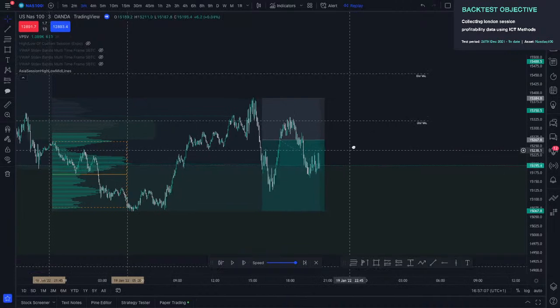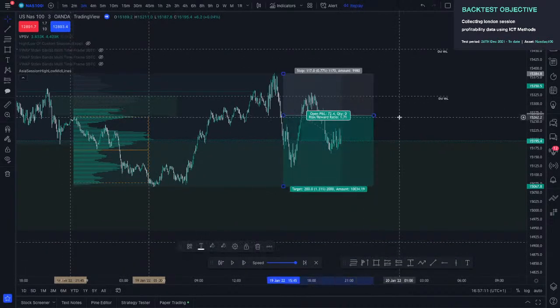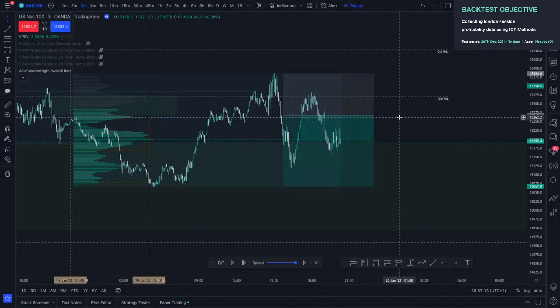Okay. For practice purposes, I understand a little bit more the London-US relationship. I mean, I knew the Asia-US relationship, but I never really understood the London-US relationship. But it makes more sense now. It makes much more sense.